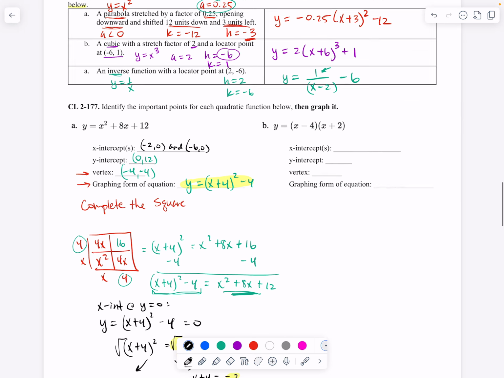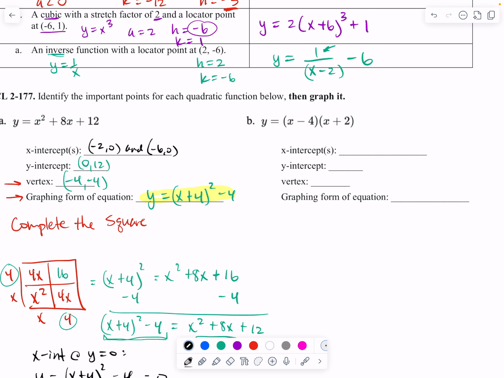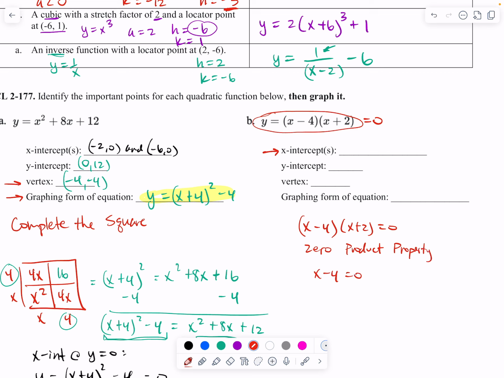Okay, when we come to question B, I have a new quadratic that is now in graphing form. So if I'm going to try to find the x-intercepts, the first thing I'm going to do is set this equal to 0. So if x minus 4 times x plus 2 is equal to 0, then the zero product property tells me that either x minus 4 equals 0 or x plus 2 equals 0.